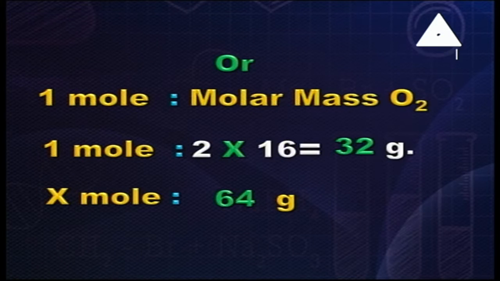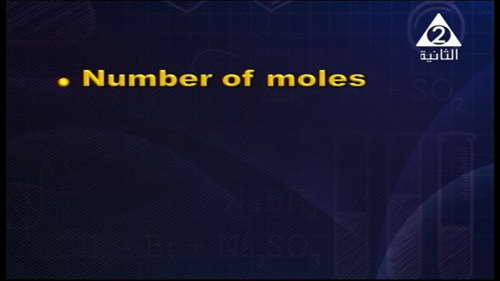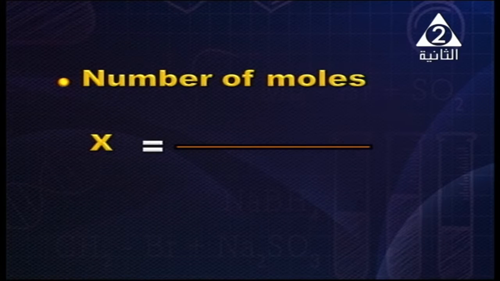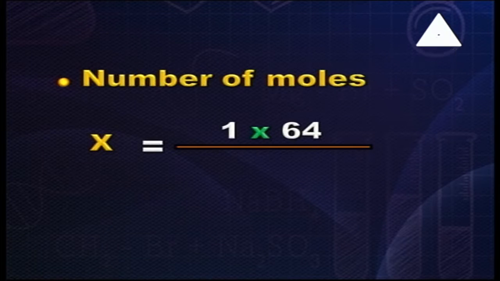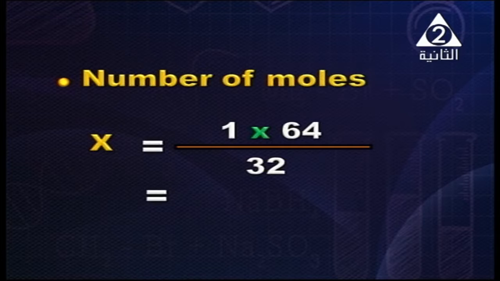Cross multiplication. Can you find X? Yes. Number of moles X equals 1 by 64 divided by 32 equals 2. It's easy. Do you understand this?